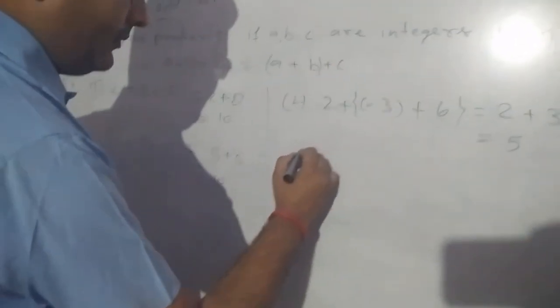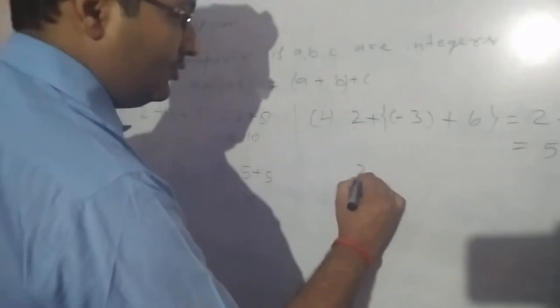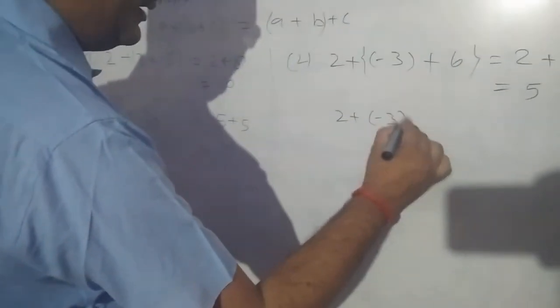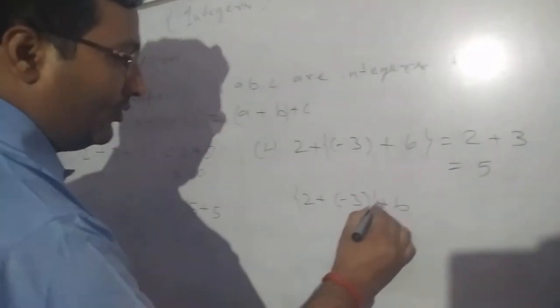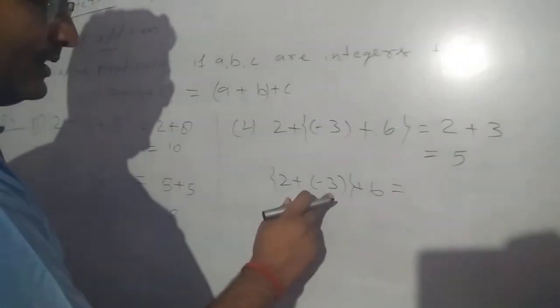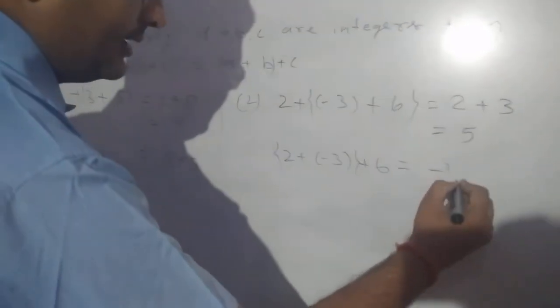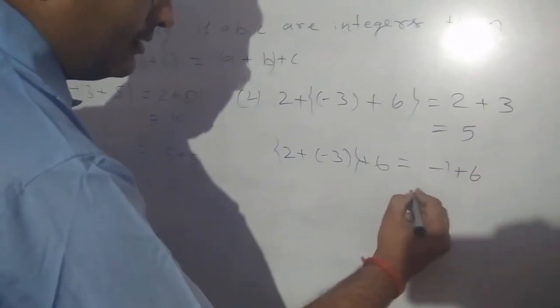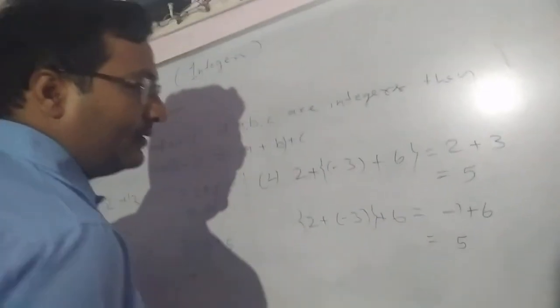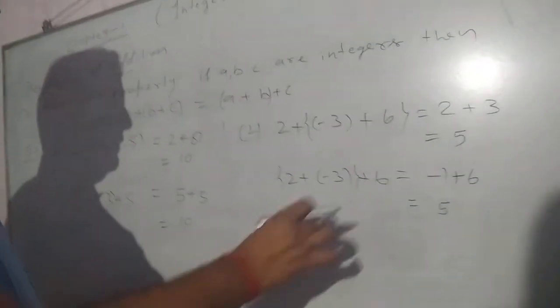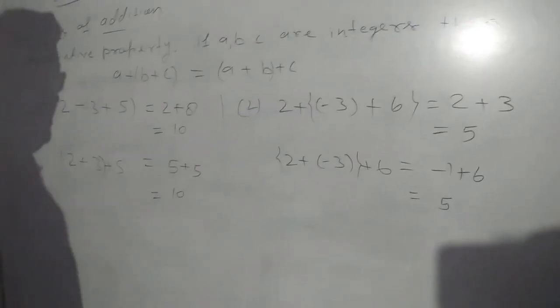Now again 2 plus minus 3 plus 6. Now I want to take this 2 in one group. So 2 minus 3, what do we get? Minus 1. Minus 1 plus 6, what do we get? 5. Opposite signs, we always subtract. Okay.